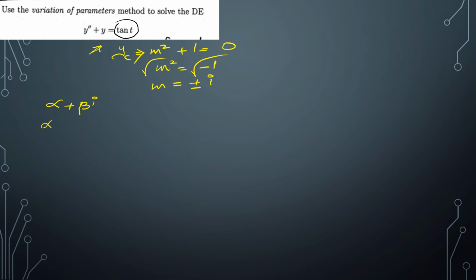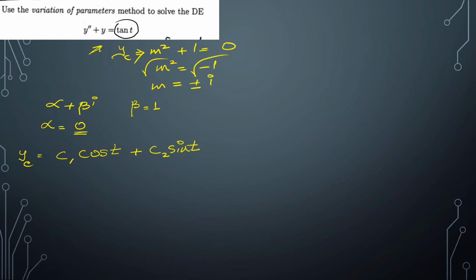Our alpha, in our case, there is no real part, so it is 0, and our beta is 1. So we can write y complementary is C1 cosine of beta t, that means only t, plus C2 sine of beta t, that is t. I didn't write e to the power alpha x, the reason is my alpha is 0.